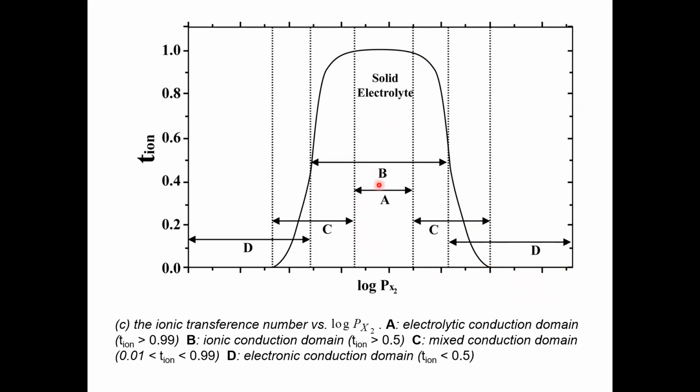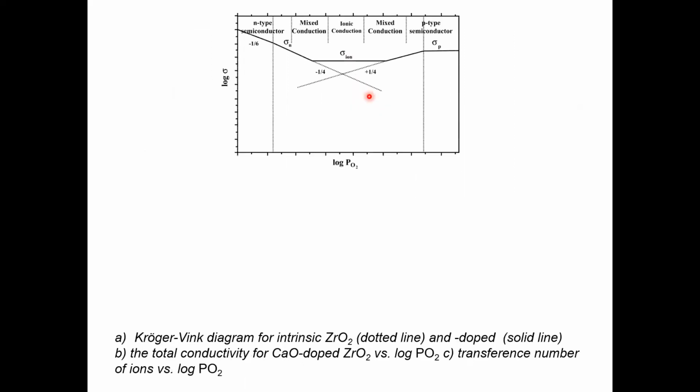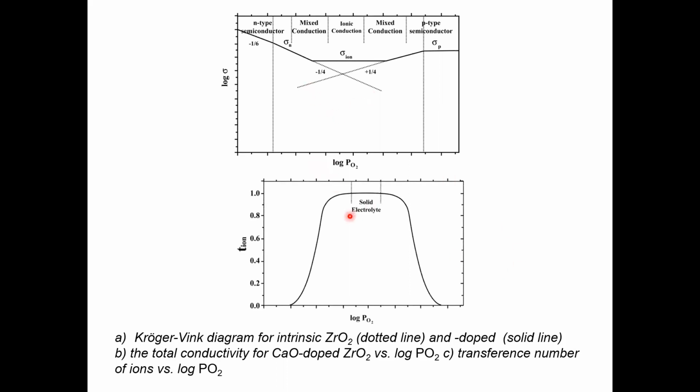So again, you can see in here, this range will give you the stability range of the electrolyte that can be used in a galvanic cell. So this kind of analysis defines the range of stability of the material and the range of application of the material as an electrolyte. So if you look at the Kroger-Vink diagram for stabilized zirconia and its corresponding electrical conductivity as a function of PO2, it looks something similar to what I already described.